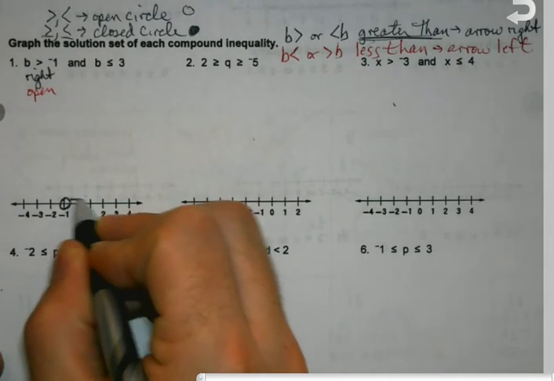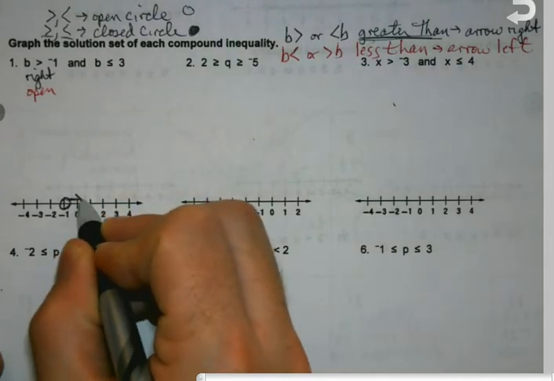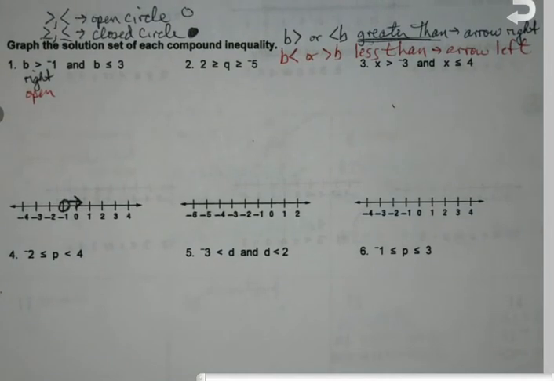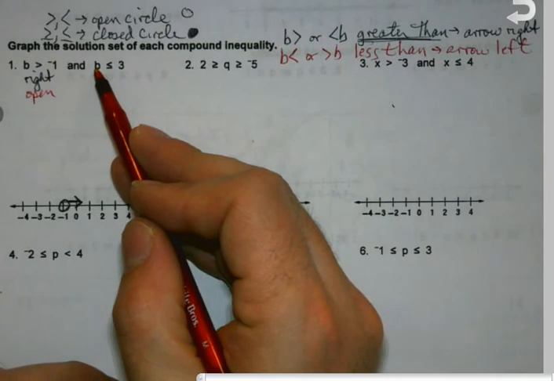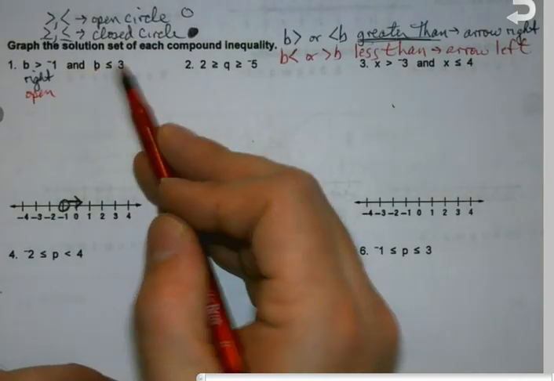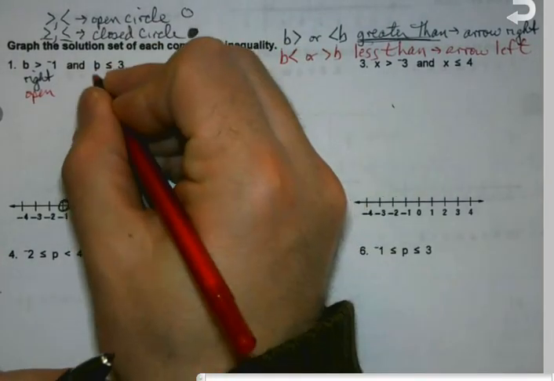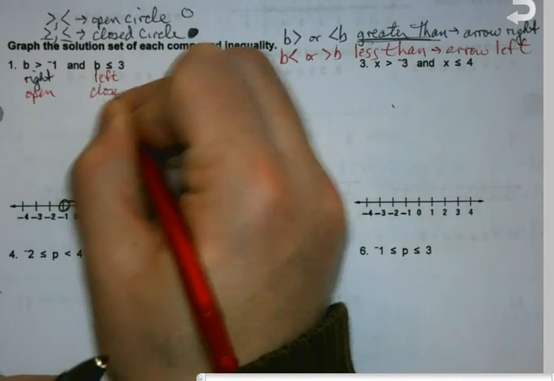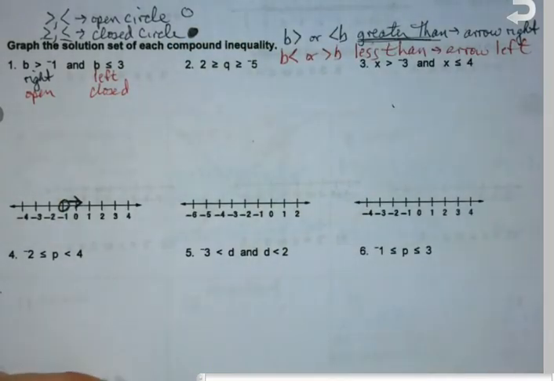I'm not going to make it real long right now, I'll make it kind of short. Then when I go to do the other one, let's see what happens. B is less than or equal to 3. Less than is left, and it's going to be closed because it's or equal to.